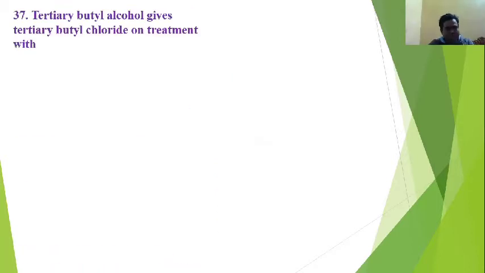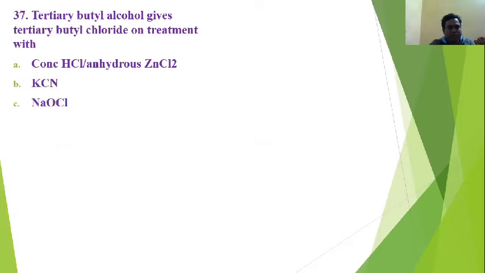Tertiary butyl alcohol gives tertiary butyl chloride on treatment with which reagent? Option A, concentrated HCl, anhydrous ZnCl2. Option B, KCN. Option C, NaOCl, chlorine.